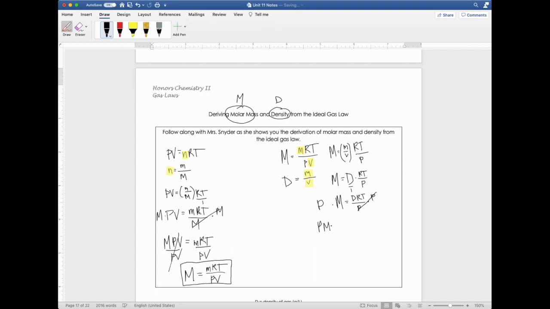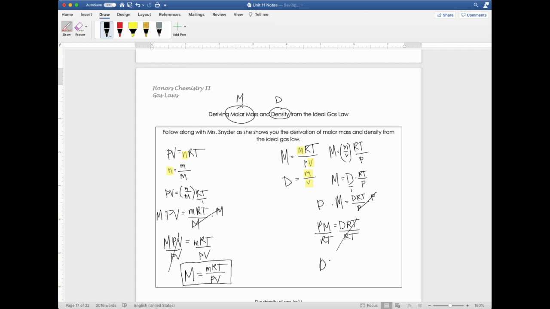The pressure times the molar mass is equal to density times R times T. And then to isolate density, let's divide both sides by RT.